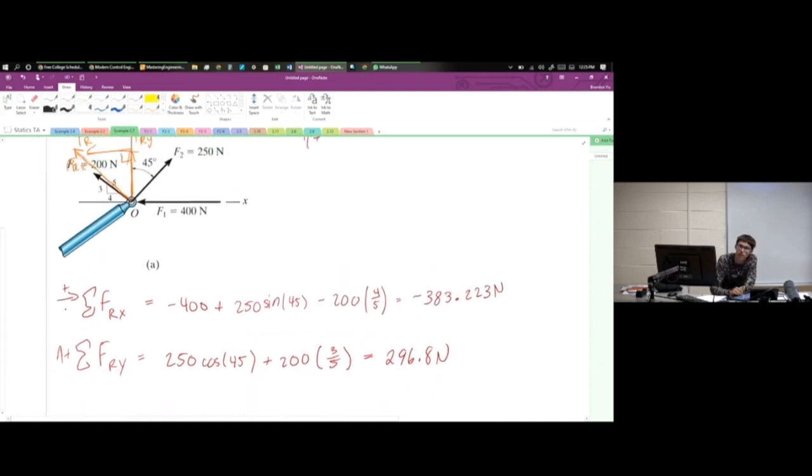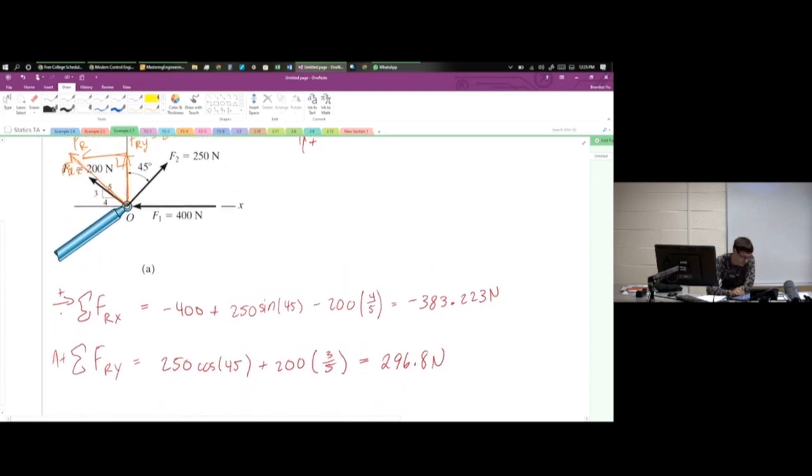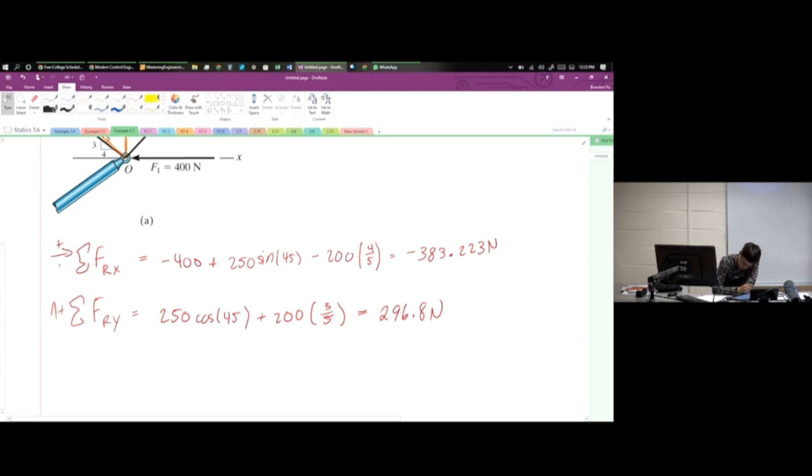So that means that we can then say that FR equals the square root of FRX squared plus FRY squared, right?